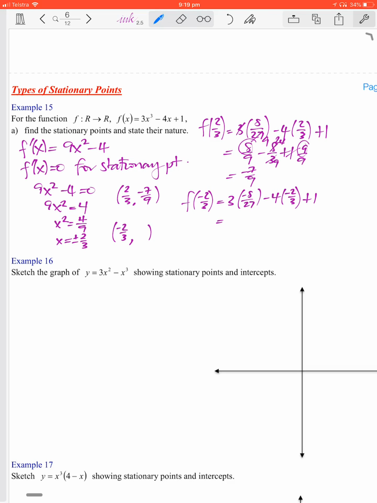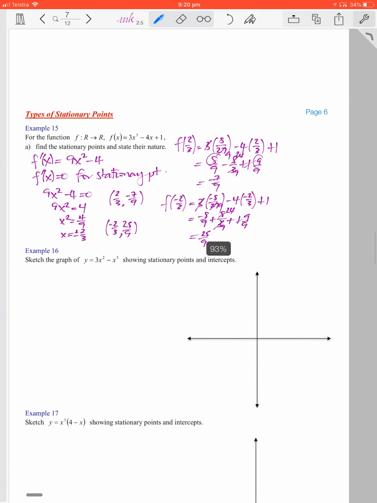So that will cancel, give me a 9: negative 8 on 9, plus 8 on 3, plus 1. Same denominator, 9: 24, 9 on 9. So I've got negative 8 and then plus 33. So that's going to be 25 on 9. So they're my turning points.